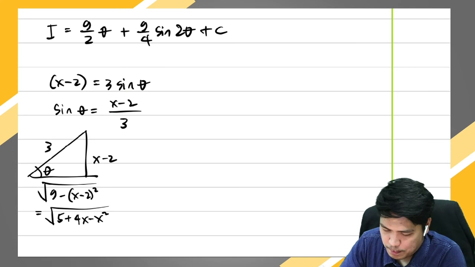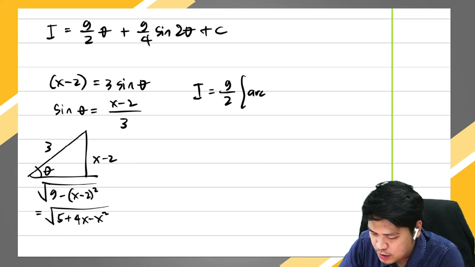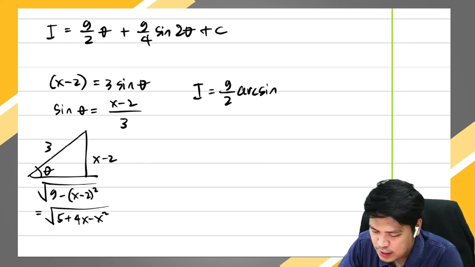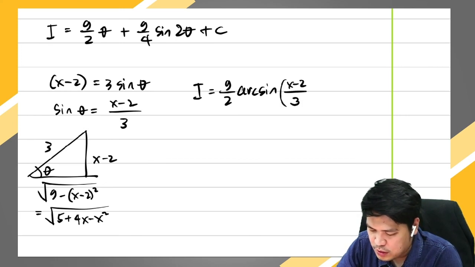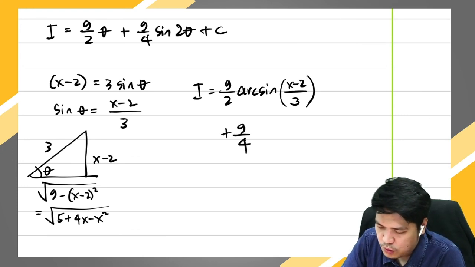So therefore, we'll have I is equal to 9 halves times the arc sine of x minus 2 over 3. Okay, ganyan. Then plus 9 over 4. Okay, but wait, there's more.